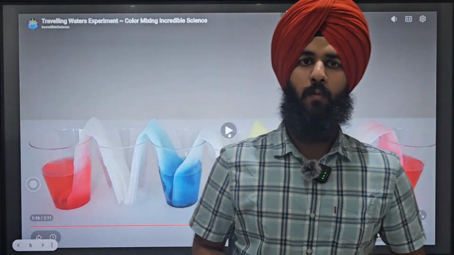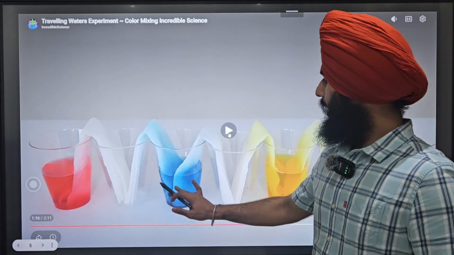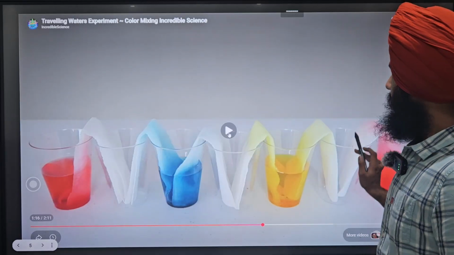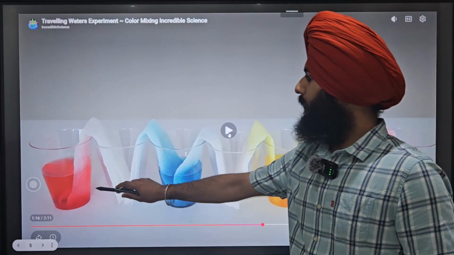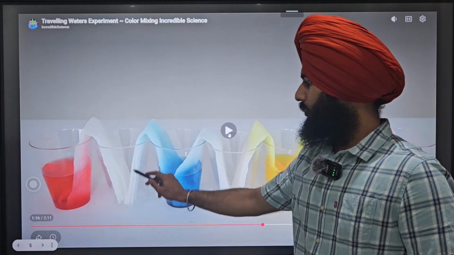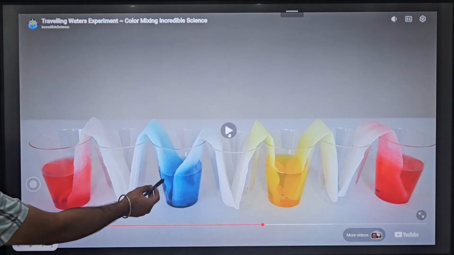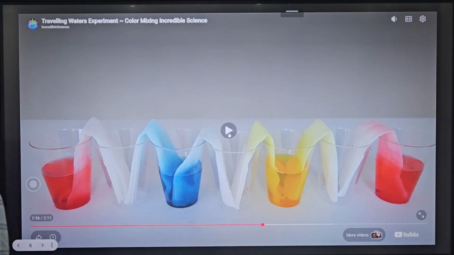So next up, we will be watching this video. Over here, there are some glasses that are filled with colored liquid and some that are empty, and we have placed napkins in each of those. Now observe what happens after a while as the water starts traveling up the napkin.